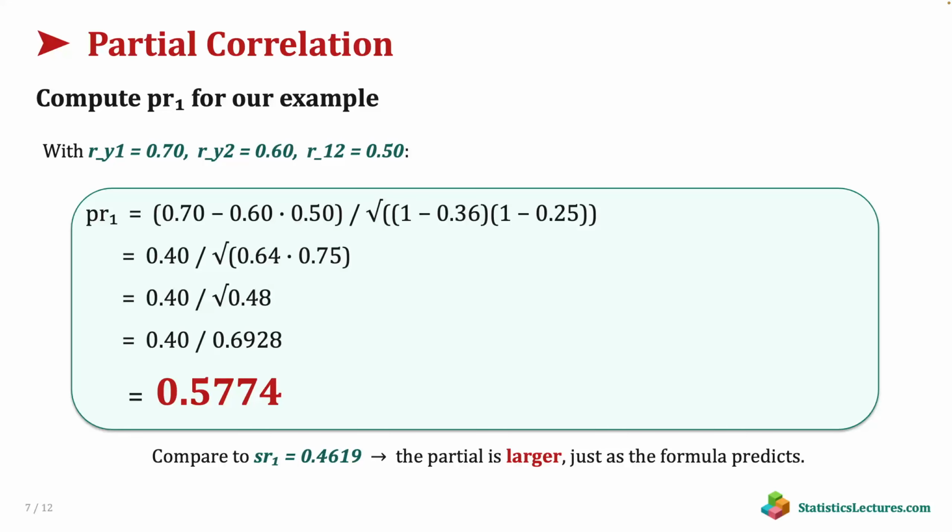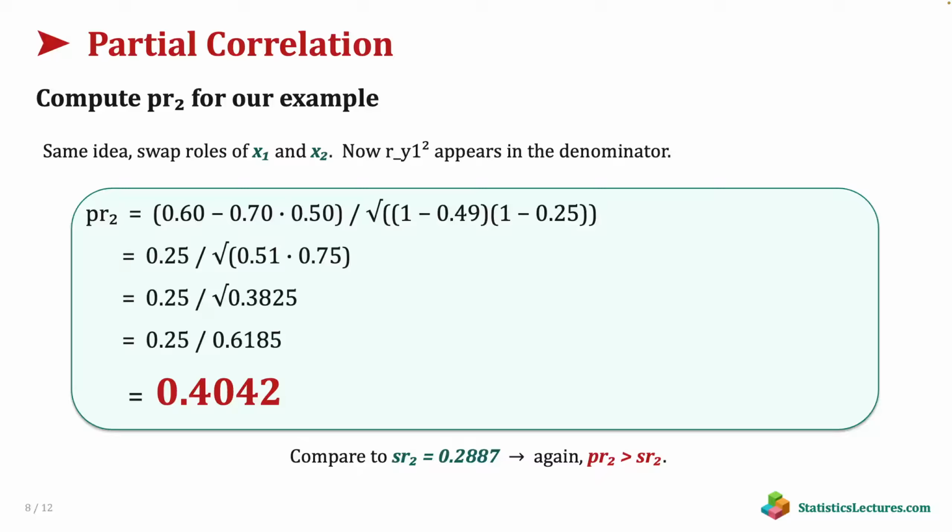If you multiply those, we have 0.64 times 0.75, giving us 0.48. We then take the square root to get 0.6928. We then divide 0.40 by that to get 0.5774. That is our partial correlation PR1. Notice it's comfortably bigger than the semi-partial SR1, which was only 0.4619.